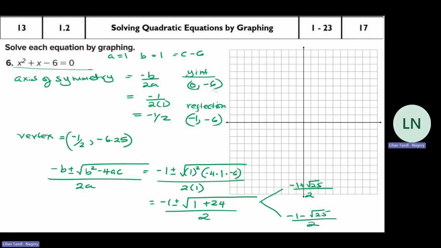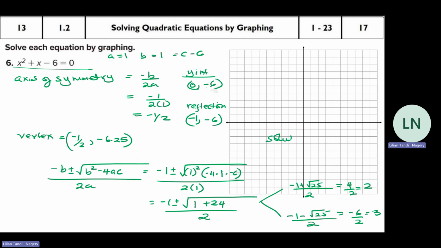Square root of 25 is 5. -1 plus 5 is 4 over 2. -1 minus 5 is -6 over 2. So this is 2 and this is 3. So your solutions are 2 and 3.